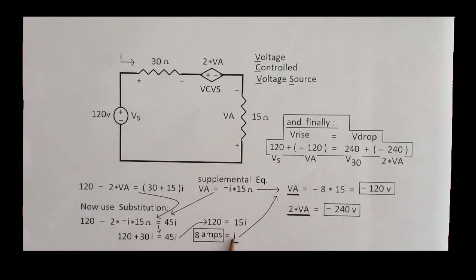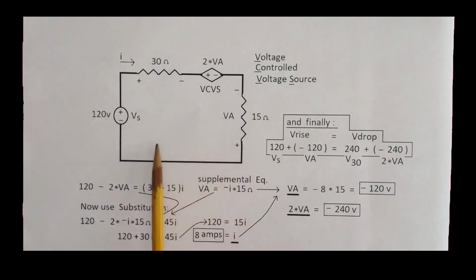Even though we're only asked to find I, and I found I here is 8 amps, you can do that and then stop, but it doesn't hurt to do something extra to check the validity of this answer. We could find all the powers in this circuit too, even if we needed to know that, but something else to help verify, check our results.